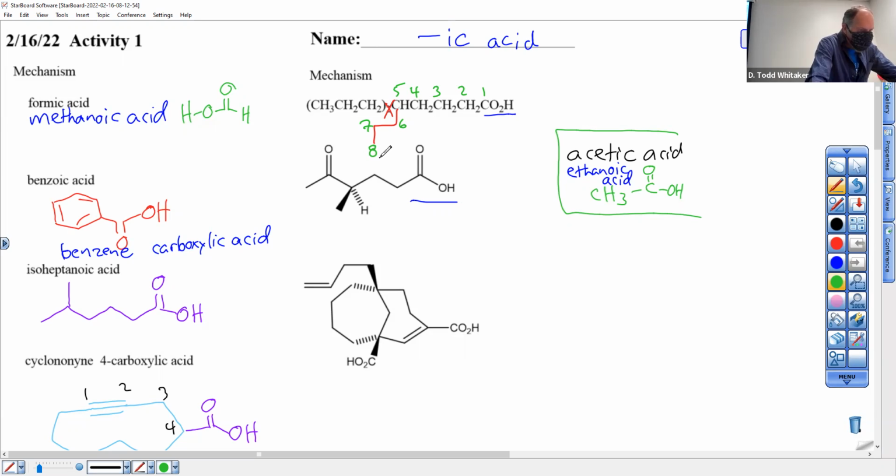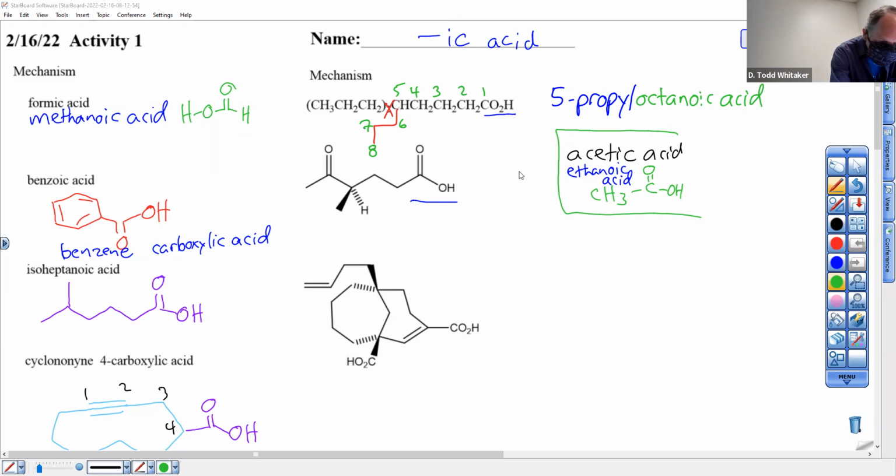So octanoic acid is the end of the name. Octanoic acid. And it's got a group on carbon 5, and it's called a propyl. 5-propyl. That's this group over here. 1, 2, 3 carbons is propyl.